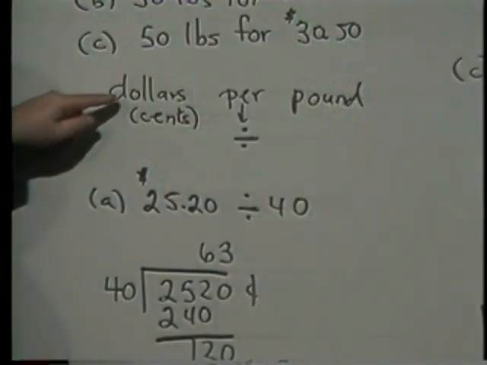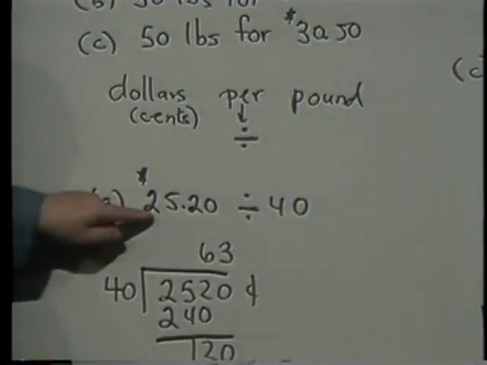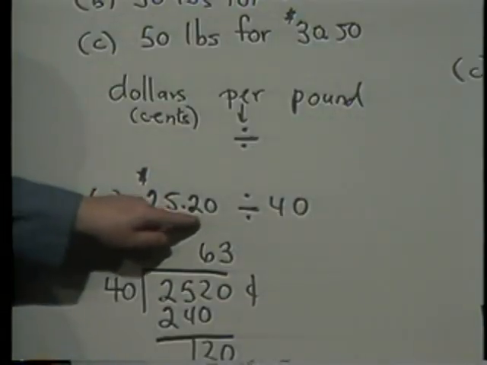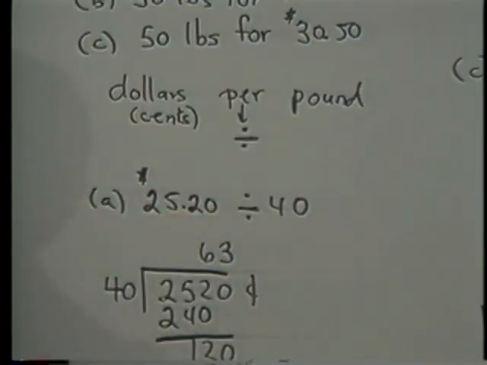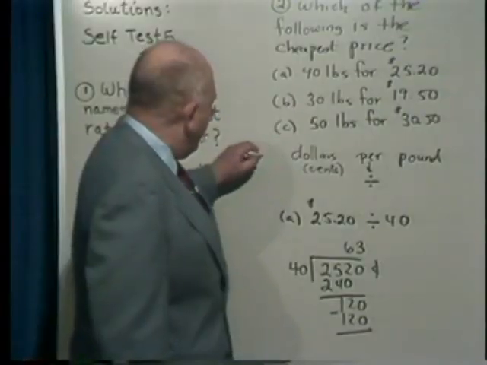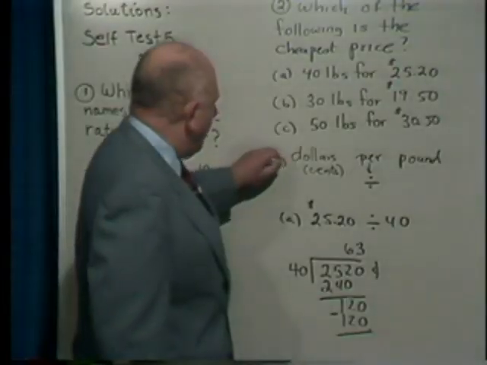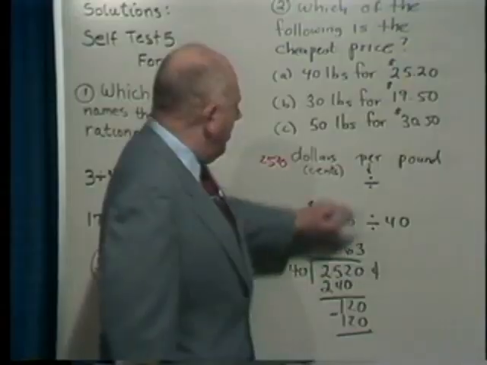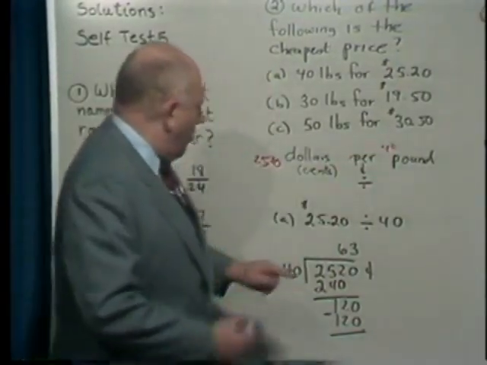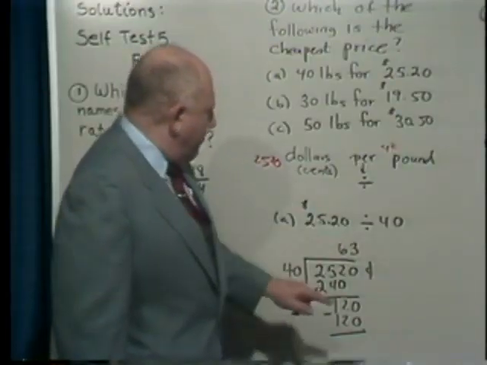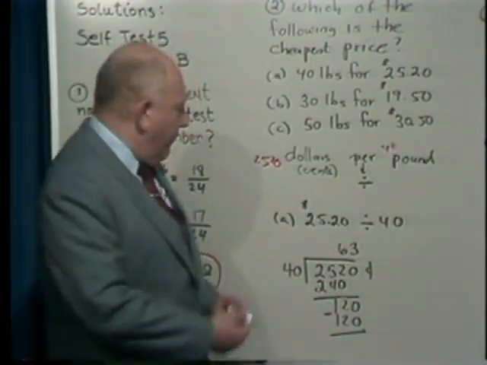So in terms of part A, the number of dollars is $25.20, which we can call 2,520 cents. In other words, in cents, this is 2,520. And the number of pounds here was 40. So we have this division problem. 40 goes into 2,520.